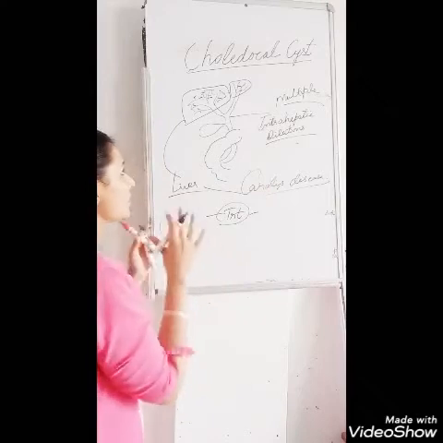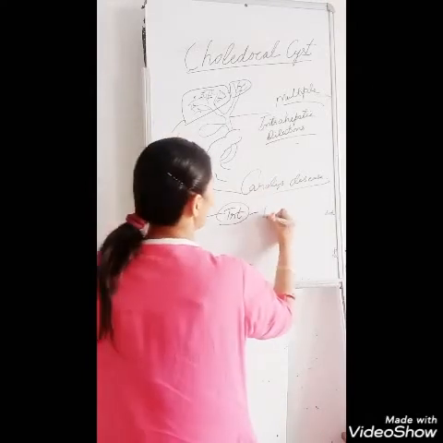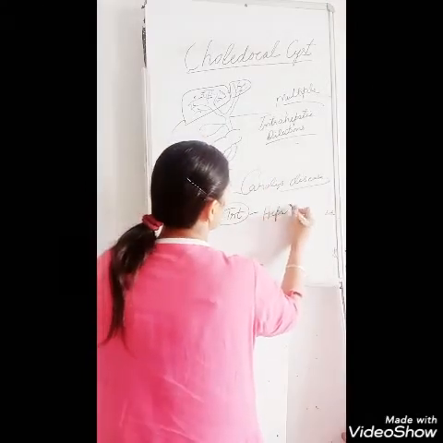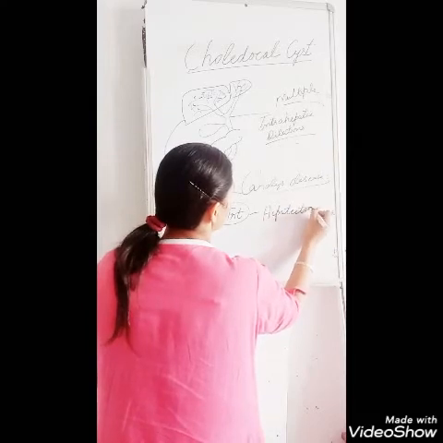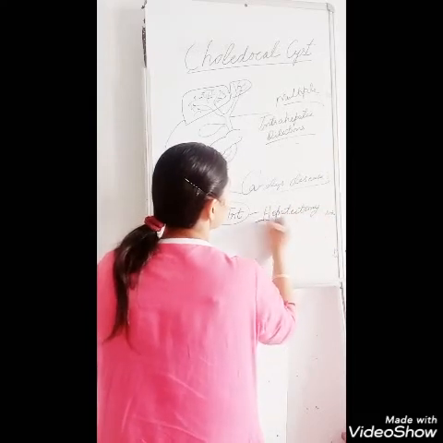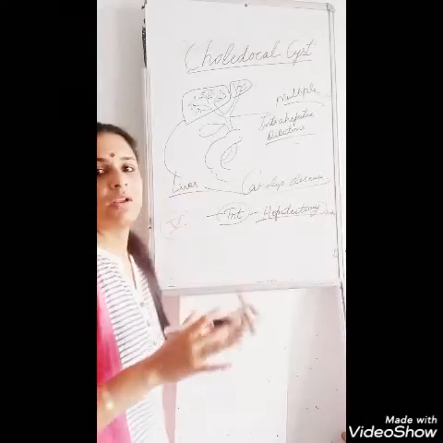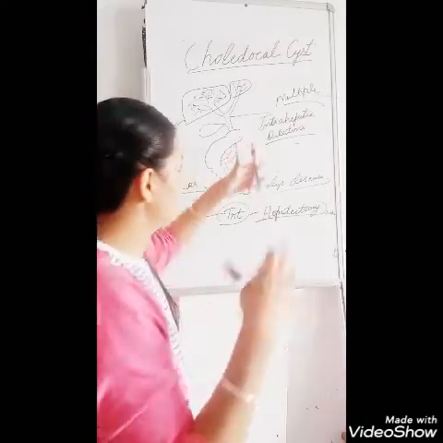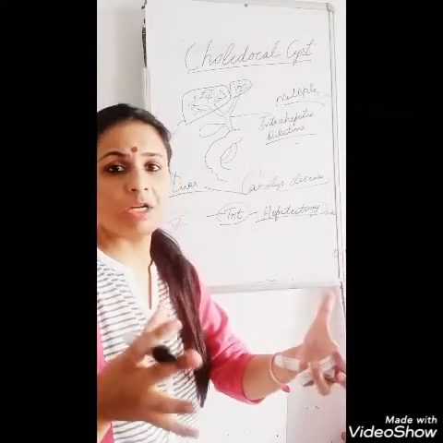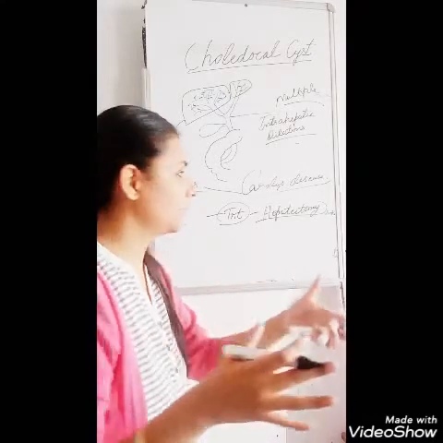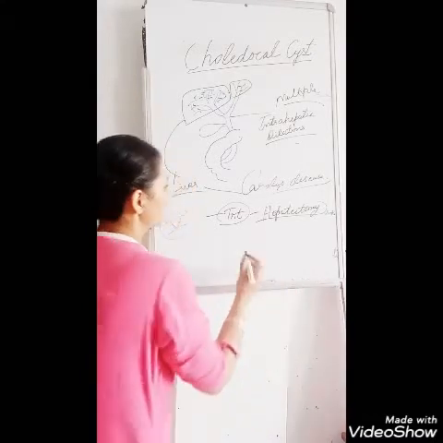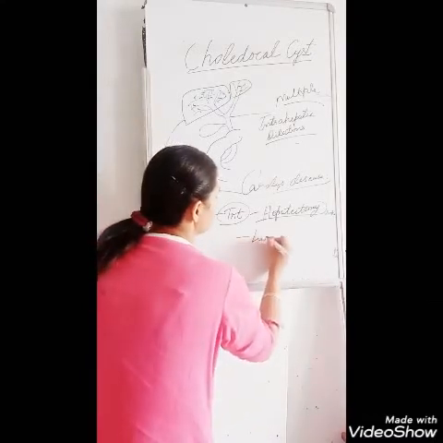We will remove some part of the liver, that is known as hepatectomy. And if the whole liver is filled with these multiple cysts and multiple dilatations of the intrahepatic ducts, then we will do a liver transplant.